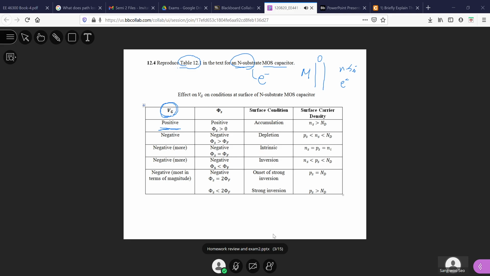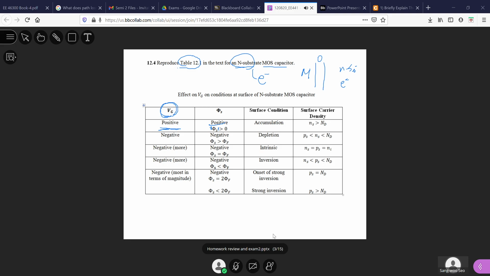So when you apply the positive voltage in the metal, then in the semiconductor side, the surface is going to be positive, right? And then the magnitude of this potential is going to be larger than 0 in here.